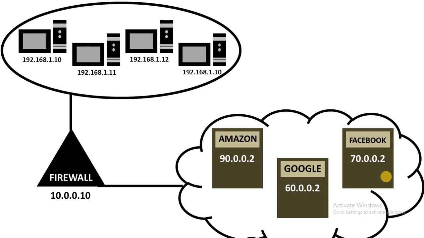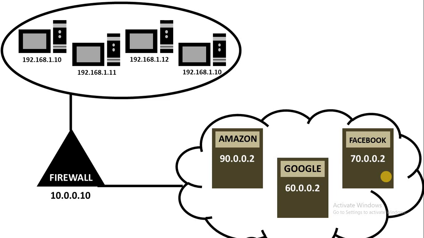When any of the private IP addresses try to access any public address over the internet, that firewall will access that particular public address to communicate over the internet on behalf of the intended private IP addresses. So in this way the firewall will ensure the security mechanism on behalf of the organization, as well as it will also let those computers having private addresses communicate over the internet with the public IP addresses.